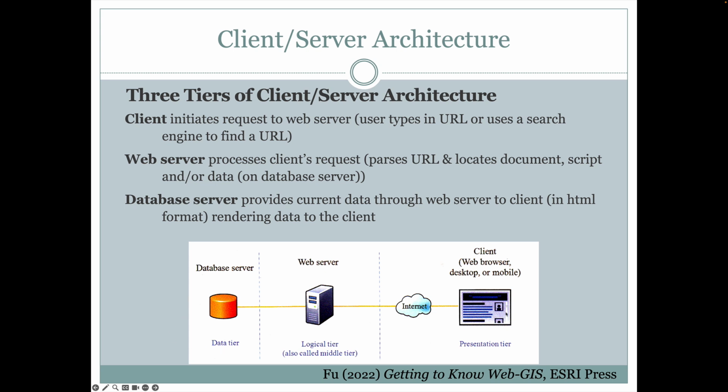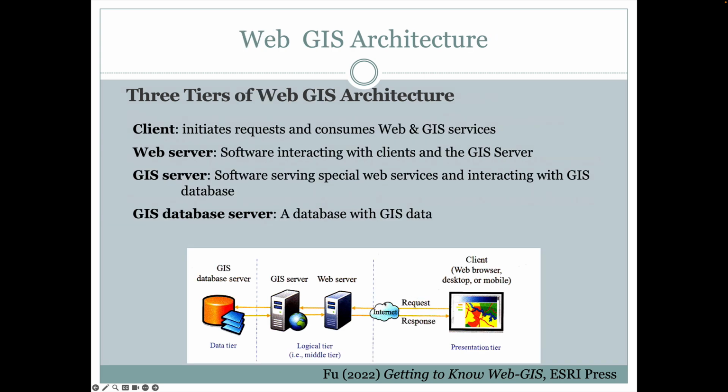When a client initiates a request to the web server, this is typically through a URL, goes through the internet to the web server, and the web server parses out that URL to locate documents or scripts or data or things that the client is requesting. This goes to the database server, and the database server provides that data back through the web service to the client. So it's back and forth interaction.